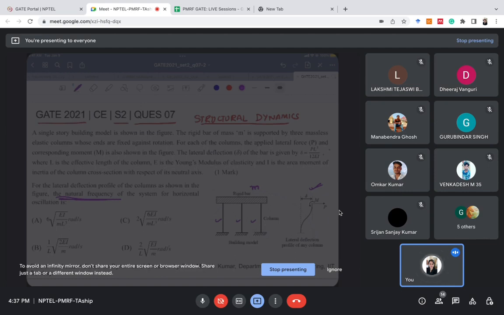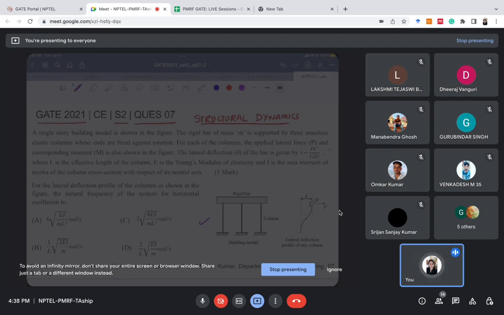It might sound complicated for those reading it the first time, but I'll try to explain it in as easy a way as I can. Basically, this is a building model. In a building, there's a floor and there are columns, right?